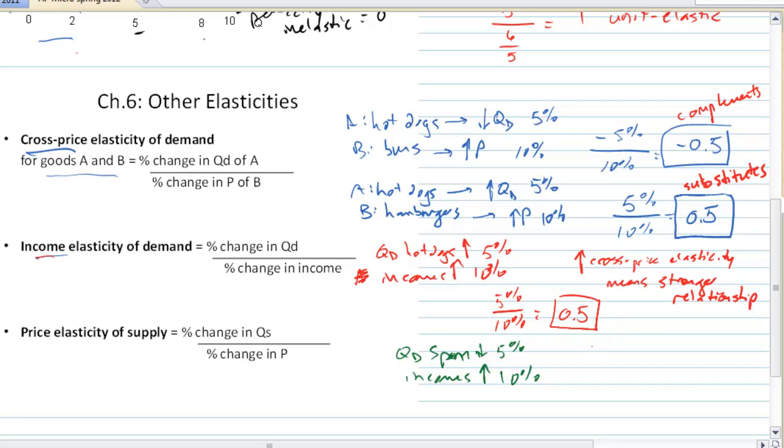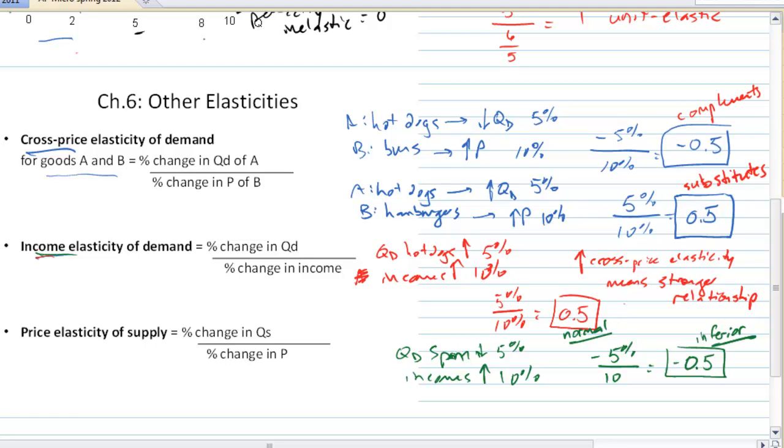Now again, the sign is important. For the income elasticity, we're going to do negative 5% over positive 10%. We get a negative 0.5 measurement of income elasticity for Spam. That tells us that Spam, the negative sign, tells us that Spam is an inferior good, whereas the positive sign for hot dogs tells us that hot dogs are a normal good.